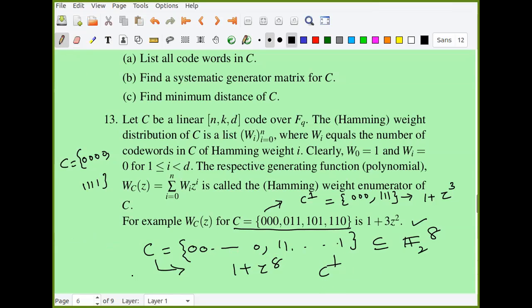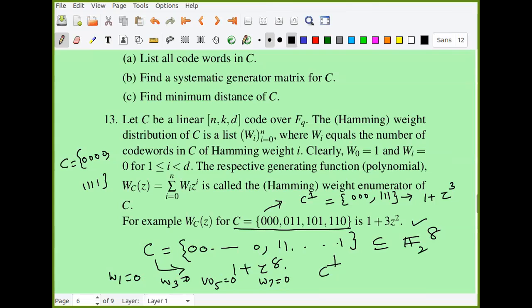Then what are W1, W3, W5 and W7? The number of vectors with weight 1, weight 3, weight 5, weight 7. What is the answer? 0. These are all 0. That is what Amya told. Is it clear to you now?